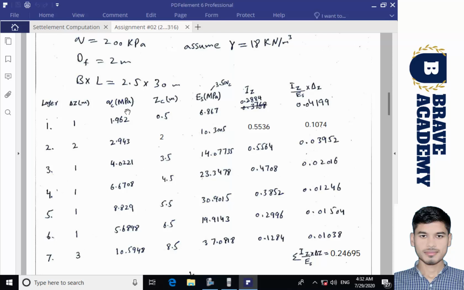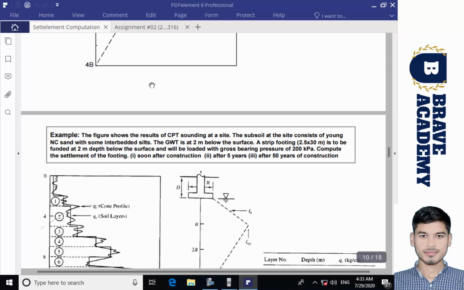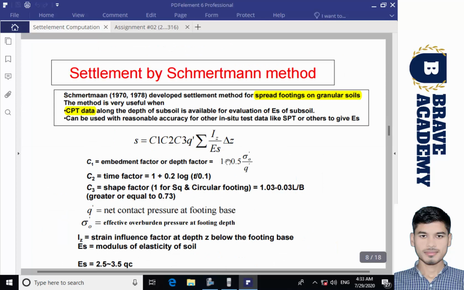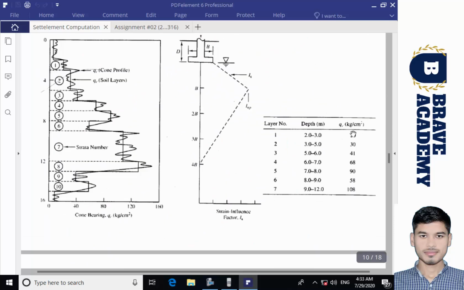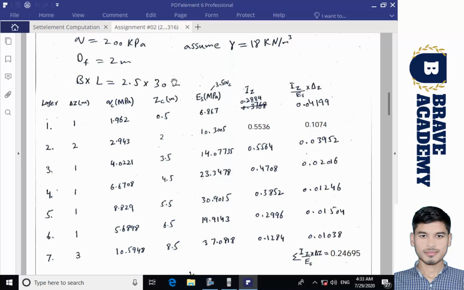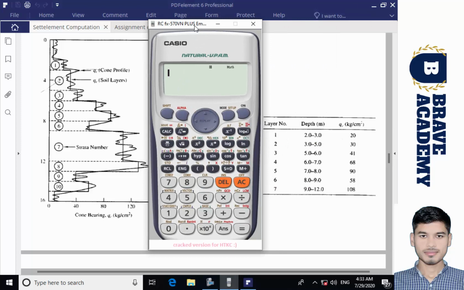So Qc in megapascal. Remember that you will use the Es value in this formula. Use this in megapascal. He has given us the Qc value in kg per centimeter square, so convert it into megapascal for calculating the Es value in megapascal. So I convert it into megapascal, 1.962 megapascal. You know the unit conversion, but if you do not know, I will convert one value. This is 20 kg per centimeter square.